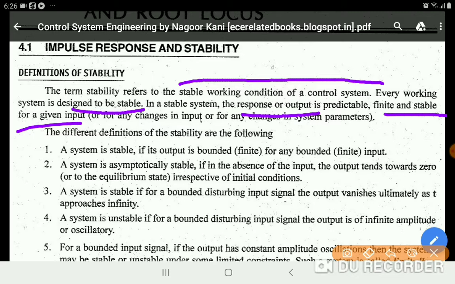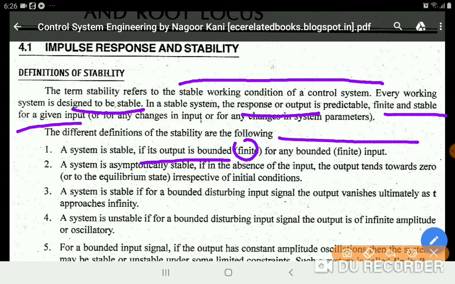When will we say a system is a stable one? A system is stable according to definition 1 if its output is bounded, means finite, for any bounded input.